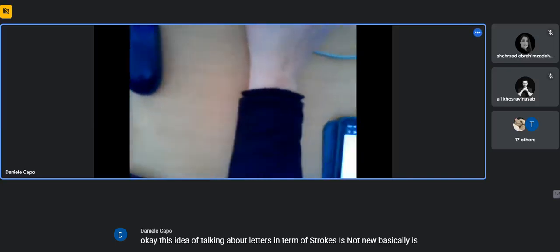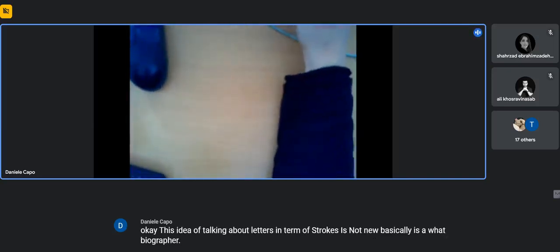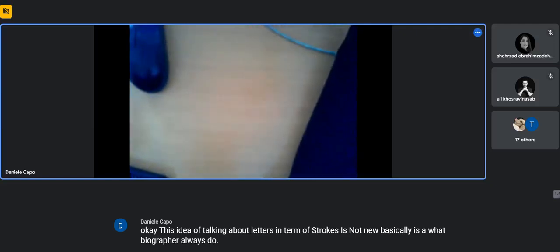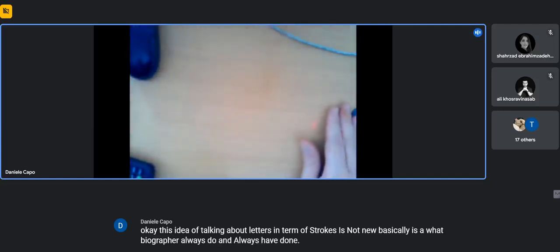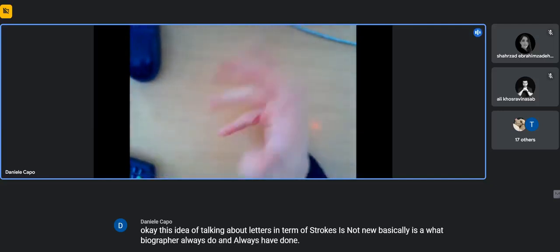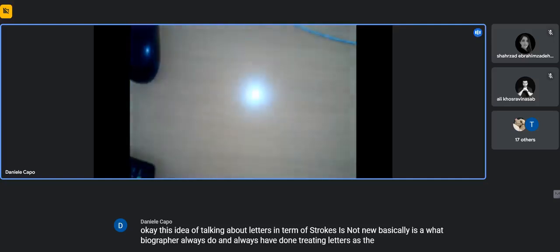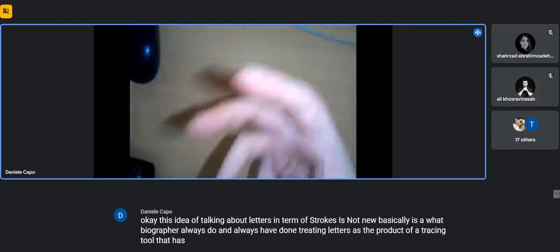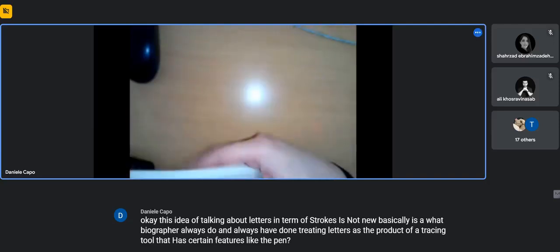Basically, it is what paleographers always do and always have done, treating letters as the product of a tracing tool that has certain features, like the pen.